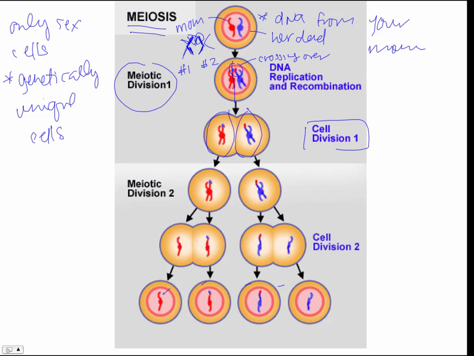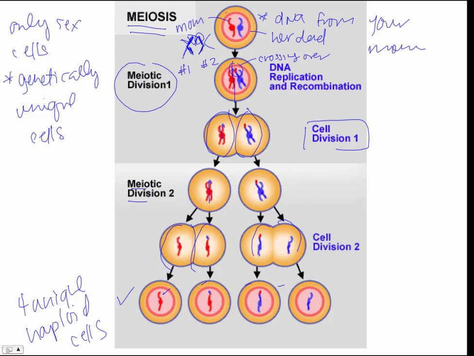And then under the second meiotic division, we have these duplicated cells, so we're going to divide them in half one more time. So cell division 2, or meiotic division 2, is going to result in 4 unique haploid cells.